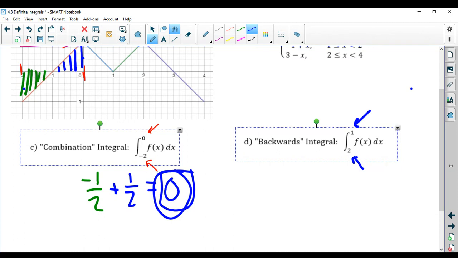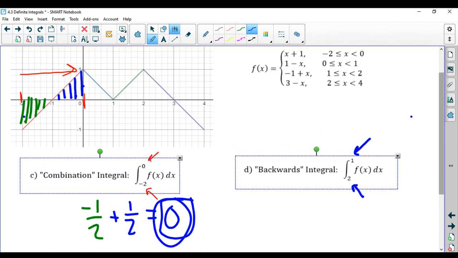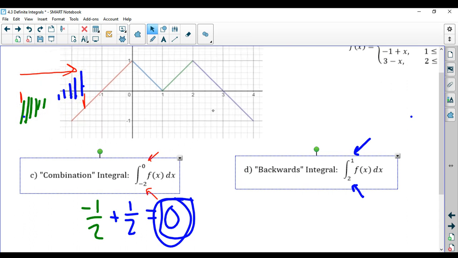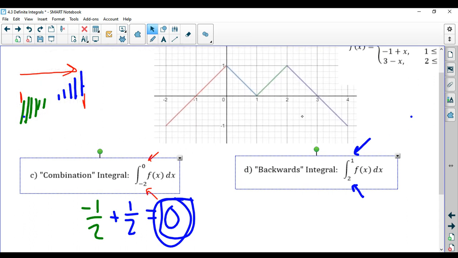So it's doing the integral from 2 to 1, which means it's going from right to left. So to handle that, you're going from 2 to 1. The only thing that changes is when you go backwards, the number that the integral calculates will be opposite of what it would usually calculate.